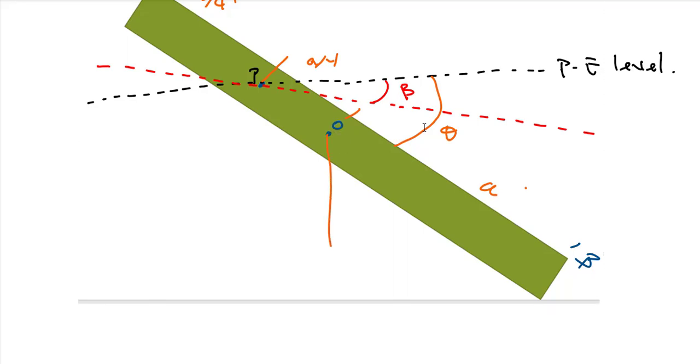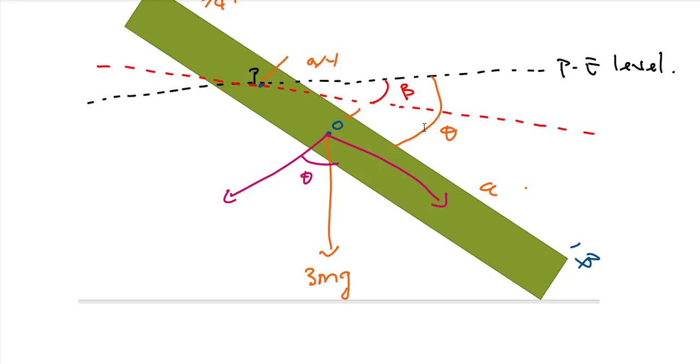Here we have the weight of the rod. Since the mass of the rod is 3m, this will be 3mg. Now we have two components of the weight. Since this angle is theta, this angle will be theta, this angle will be 90 minus theta, and so this other angle here will be theta.